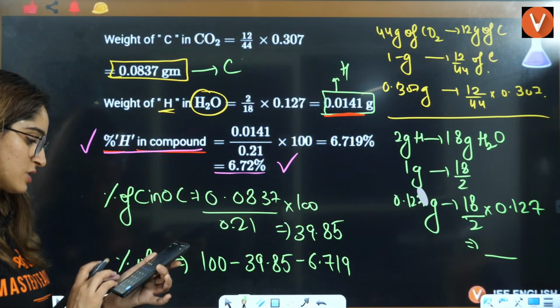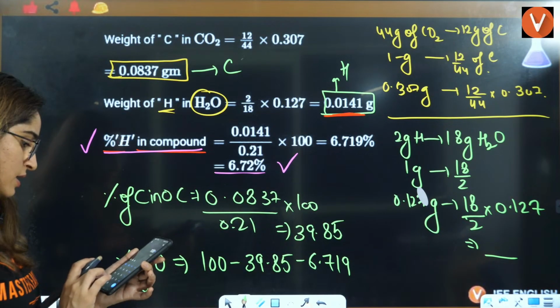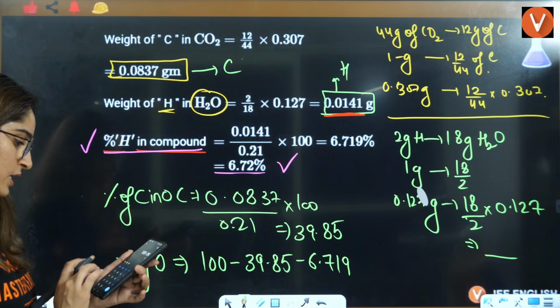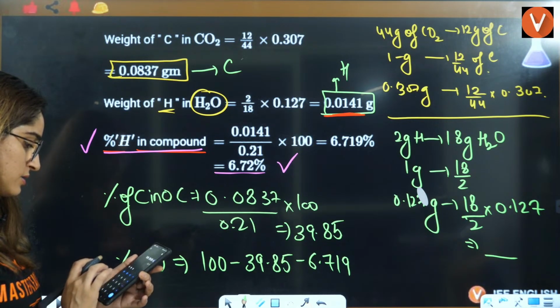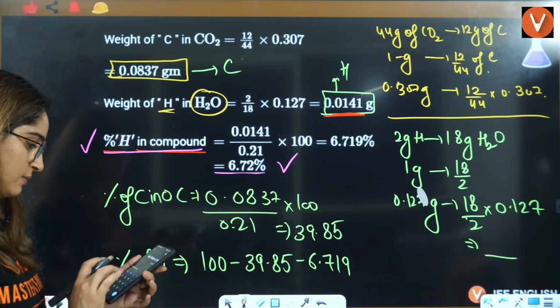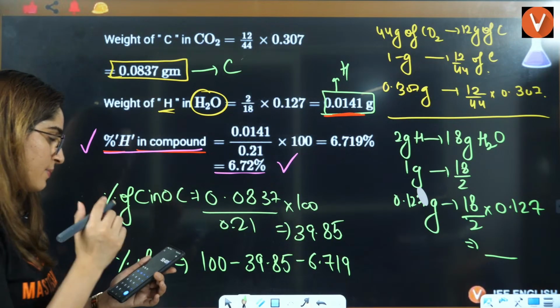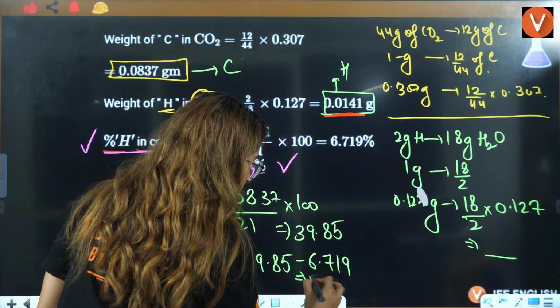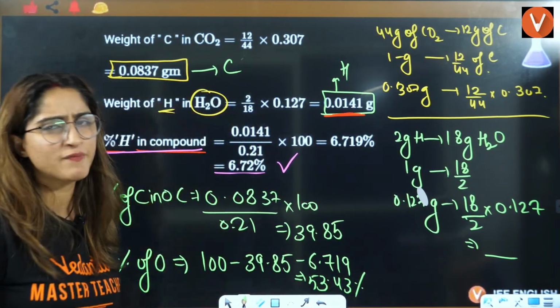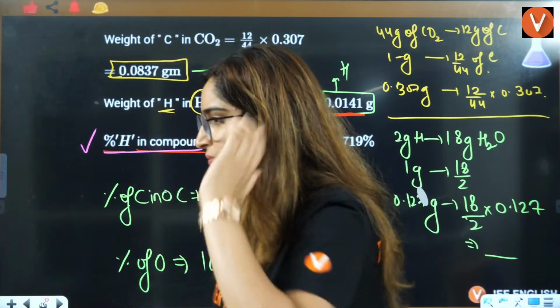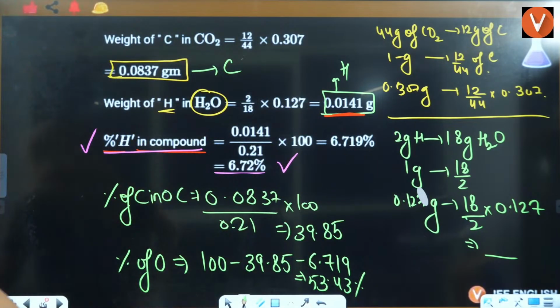Okay? So just calculate 100 minus 39.85 minus 6.719. It is coming out to be 53.43%. Approximate values also you can use here. Okay? Okay, everyone?